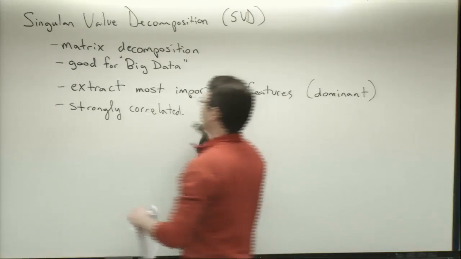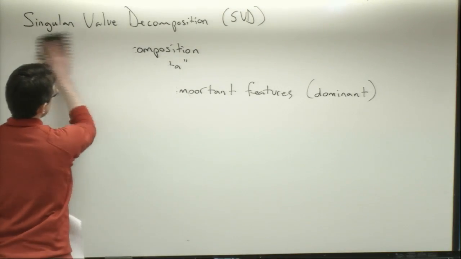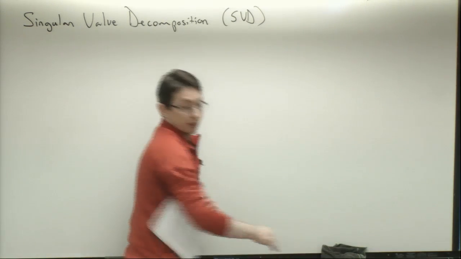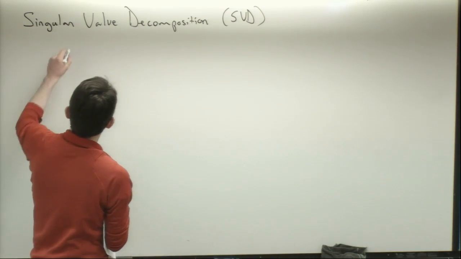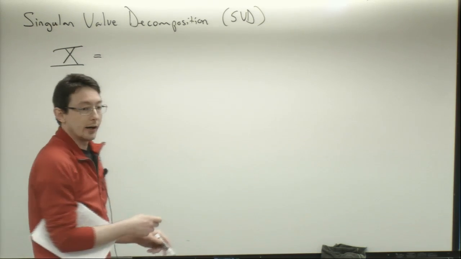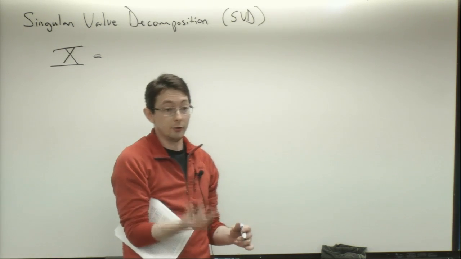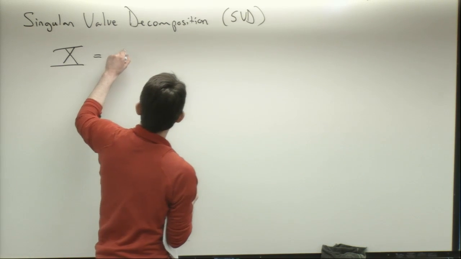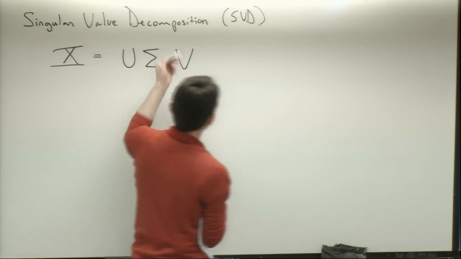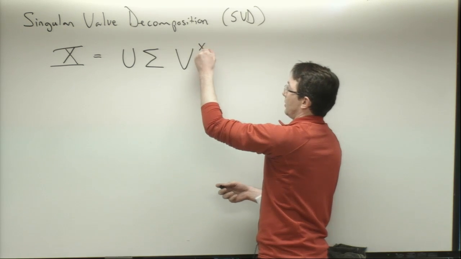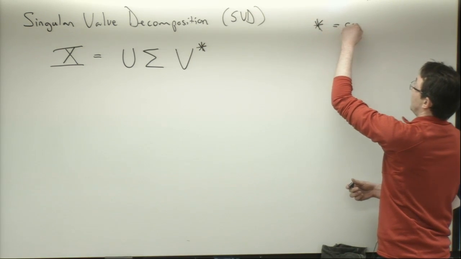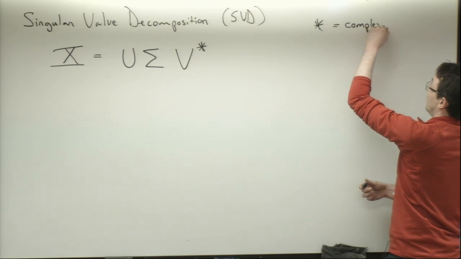So the singular value decomposition is a way of rewriting our matrix X in the following way. We take our big data matrix X, and we write it as the product of 3 new matrices. We say that it's equal to U times sigma times V star, and star just equals complex conjugate transpose.